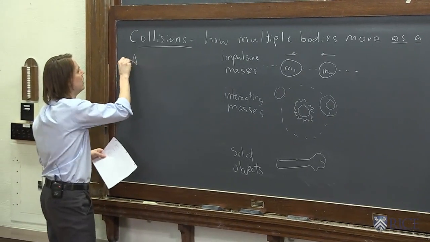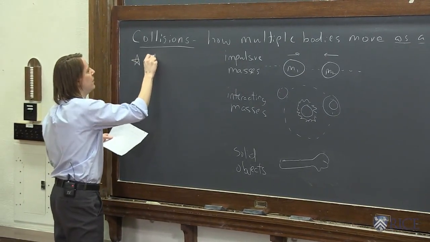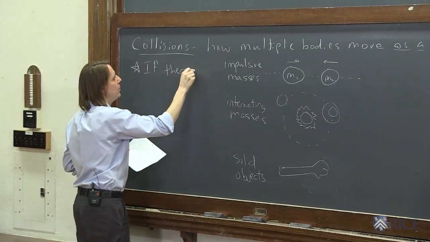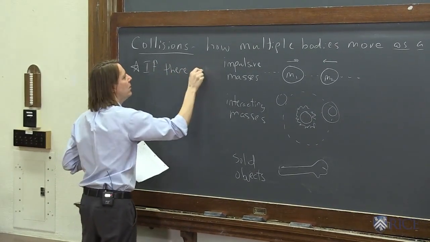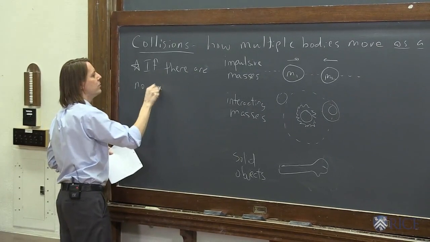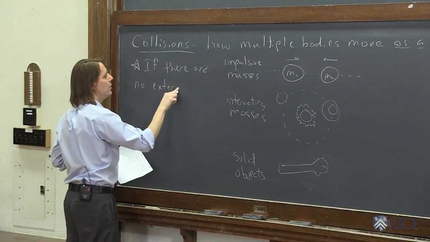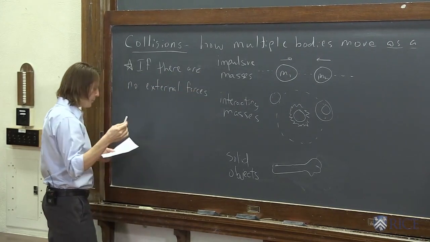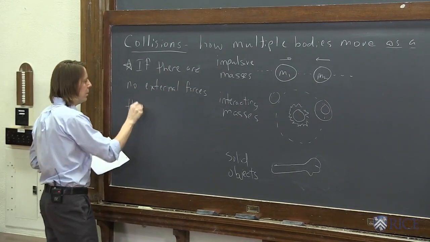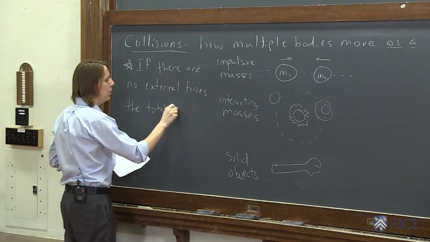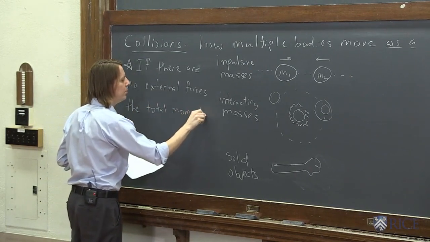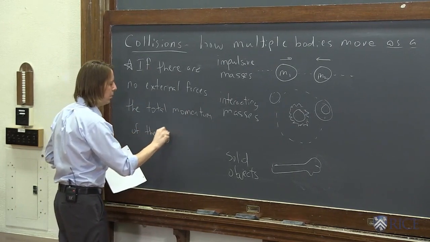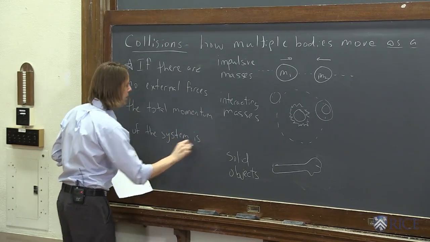So if we want to think this way in terms of collisions, there are two important points. One is, if there are no external forces, the total momentum of the system is conserved.